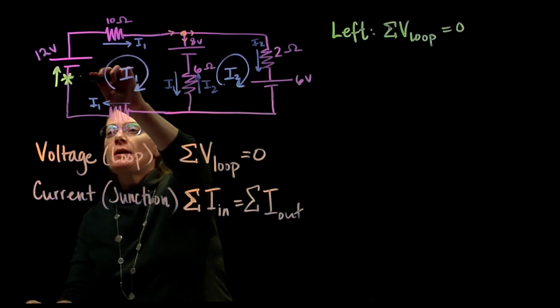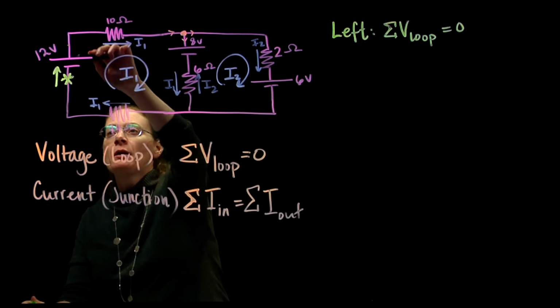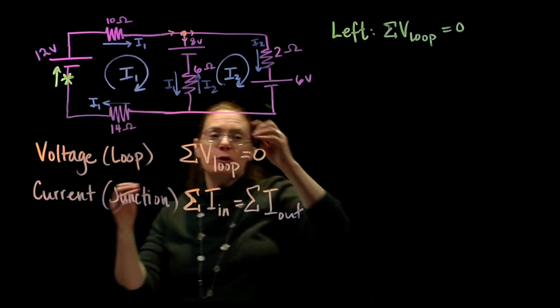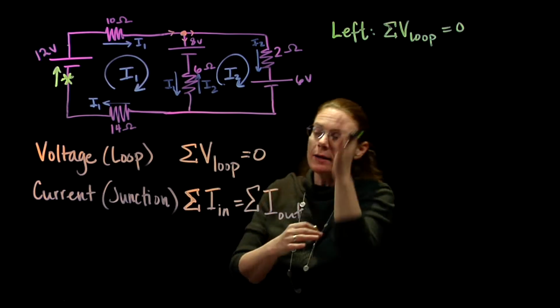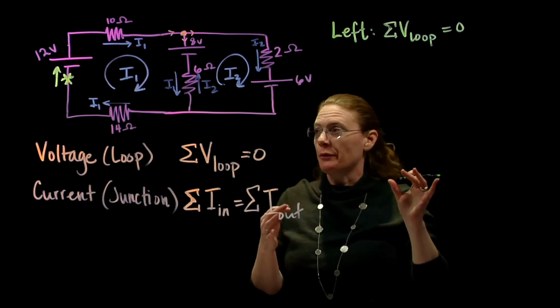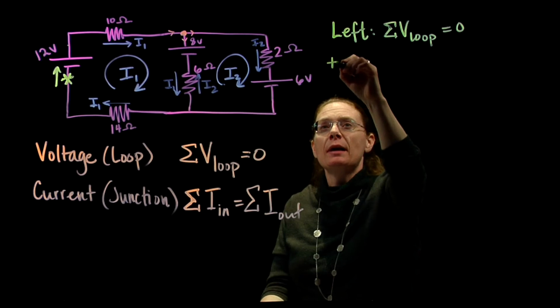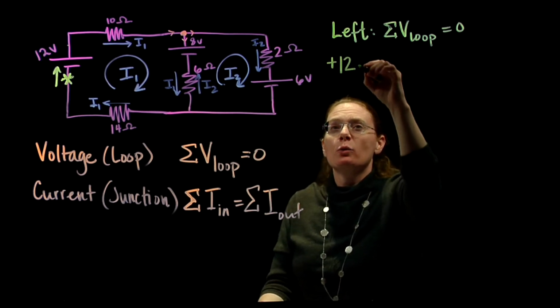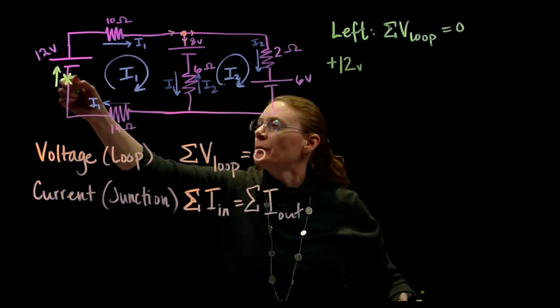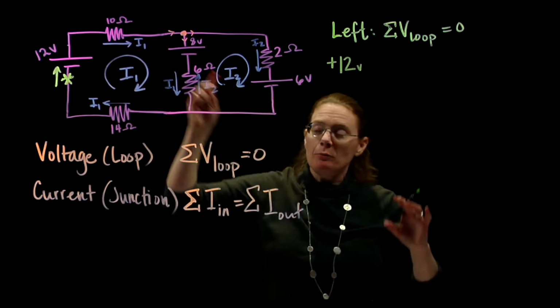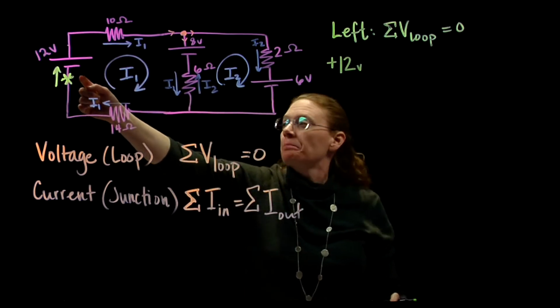Going from this end of the battery to this end, that's going with the direction that the battery is pushing charge. That's going in the direction of a positive voltage difference. So my first step is a plus 12 volts. So now I've jumped up to here, and I'm 12 volts higher than where I started.